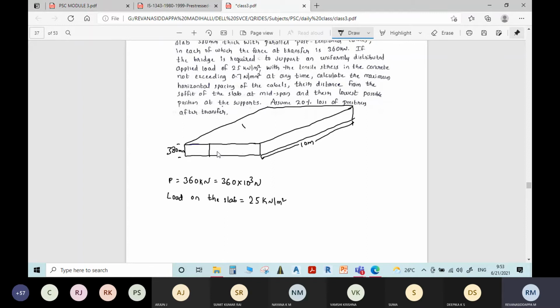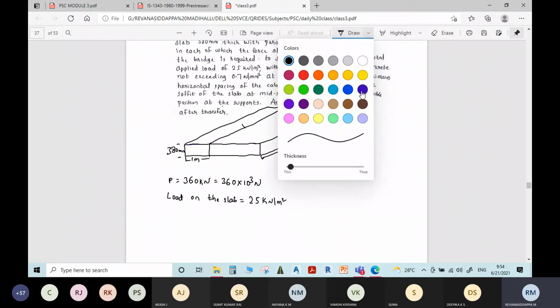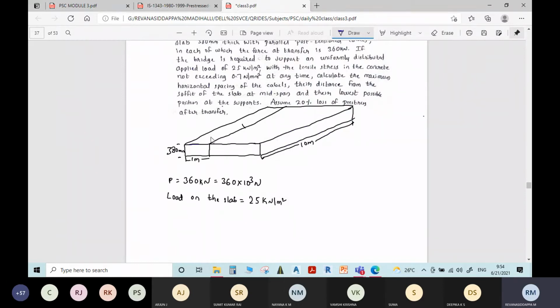So what you do is you divide this slab into 1 meter widths. Considering 1 meter width of the slab, we'll locate the position of the cable corresponding to 1 meter width of the slab.